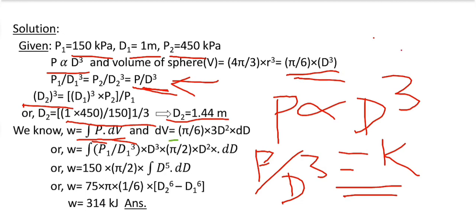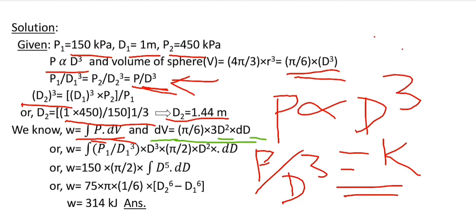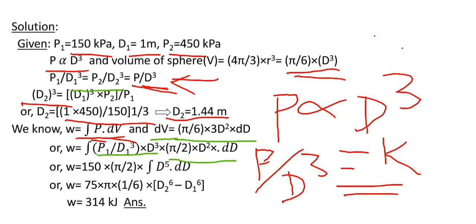So when you differentiate the volume, we get pi/6, and the differentiation of d to the power 3 is equal to 3 d squared dd. Here this is the value of P from this relation, and this is the value of dV, which is equal to pi/2 into d squared dd.